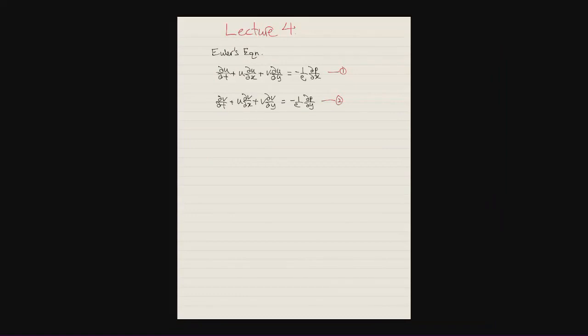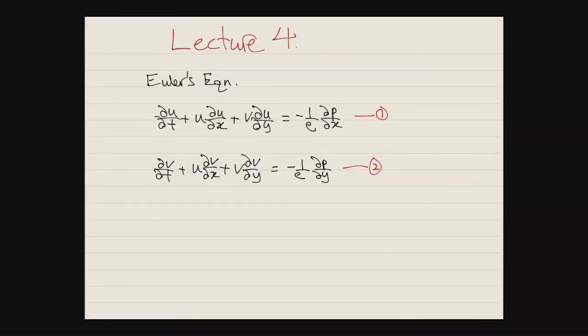Let's find out together. So it's a bit small. Okay, so we are starting off with the Euler's equation, right, which is the Navier-Stokes equation for a two-dimensional, inviscid, incompressible flow.